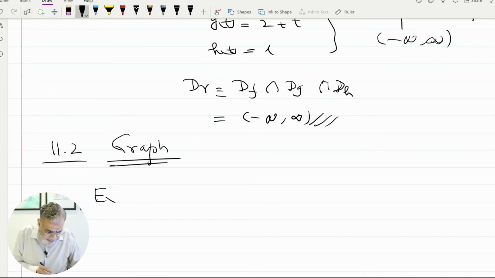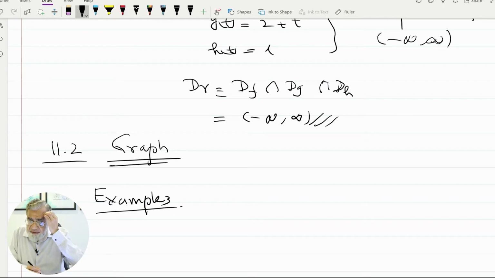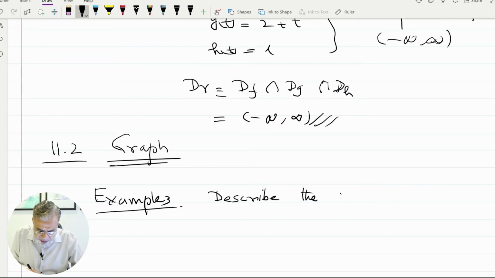This is my example 3, and I have the function. I want to describe the curve defined by the vector value function.